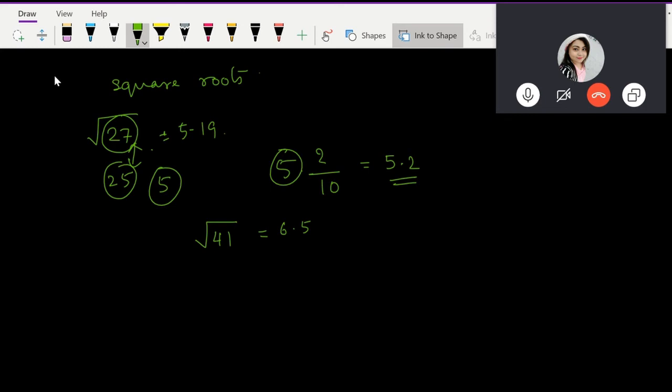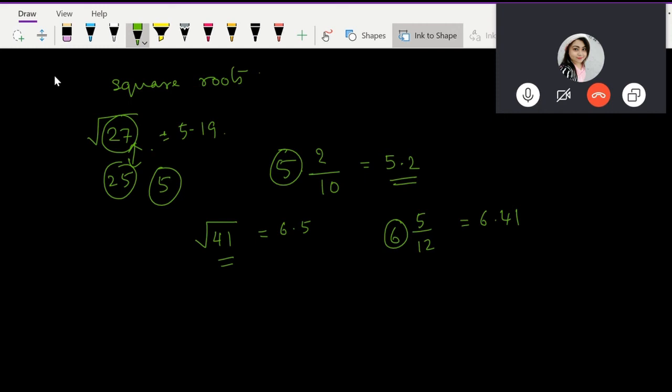Okay, so we'll follow the method that I just showed you. The square that is less than 41 is 36, so we write 6, and the difference of 41 from 36 is 5, and we take the double of 6, which is 12. So 6 and 5 by 12 is equal to 6.4 and 1. Clear? This gives you a very close approximation of the actual number.